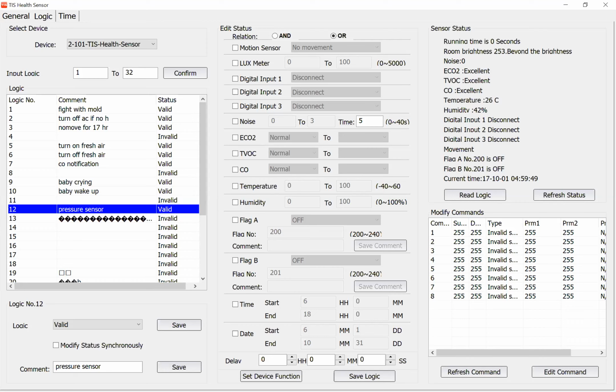Any question? Hope all of you understand about the health sensor.